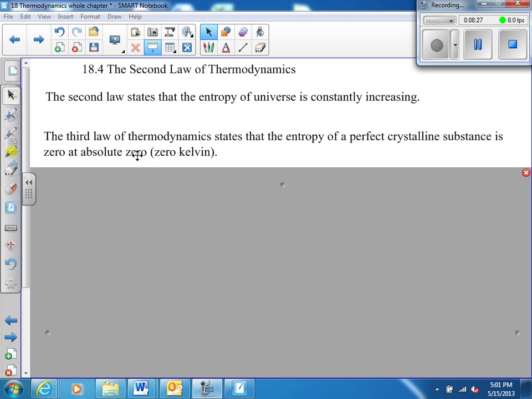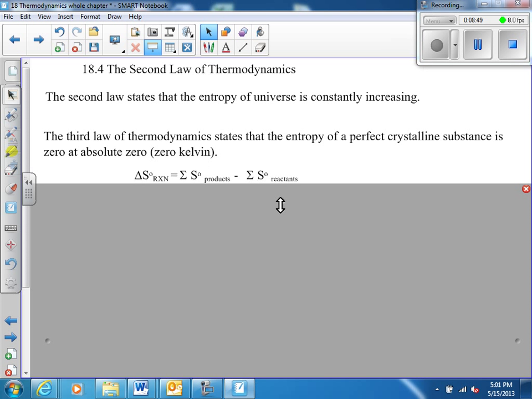They have no energy, and because they have no energy, they don't move. They can't transfer energy from one particle to another. And if there is a perfect crystalline structure, then you can't move the particles into another place. You just couldn't reorganize it. So these perfect crystalline substances at absolute 0 have an entropy of 0.